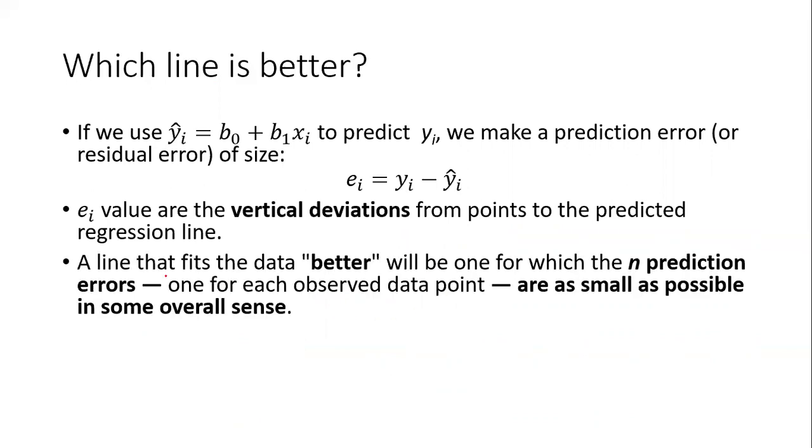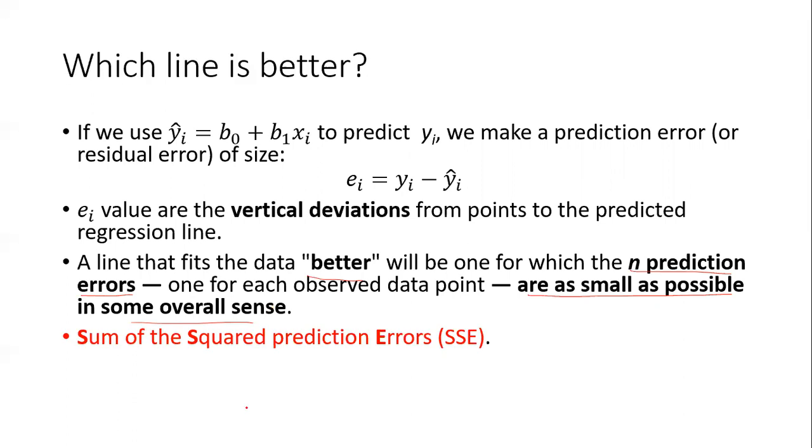A line that fits the data better will be the one for which the n prediction errors, that is the error for each of your data points, are as small as possible in some overall sense. So what I will try to do is minimize these errors.